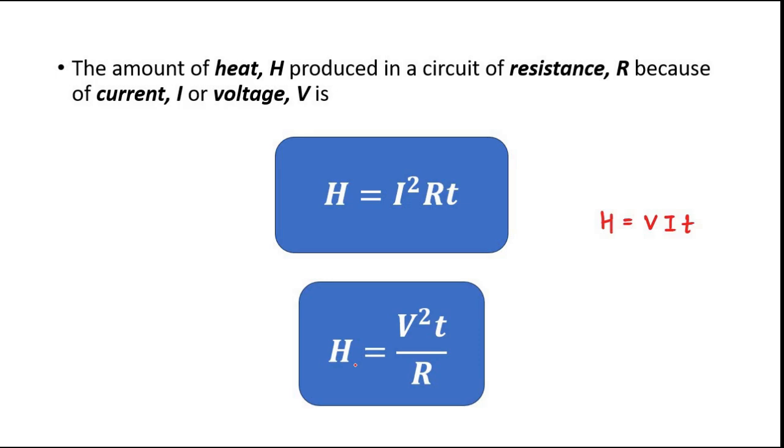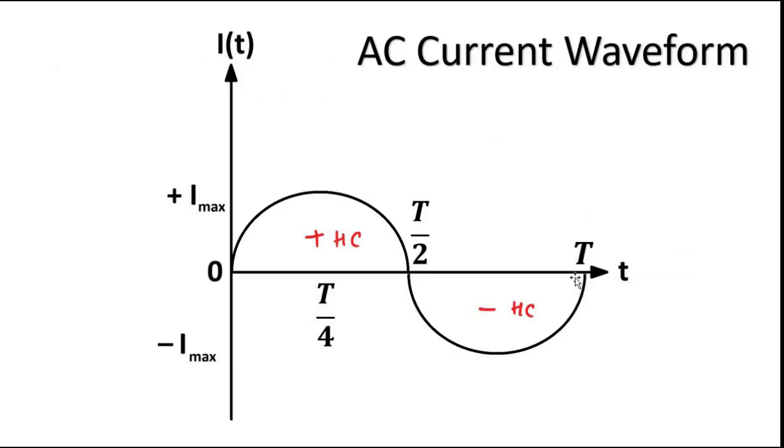So we can write it as I square RT or V square T by R or VIT. In any way you can express it. If we are taking only current, then I square RT. If we are considering only alternating voltage, then V square T by R. So everything is to express this alternating current in terms of an equivalent DC value.